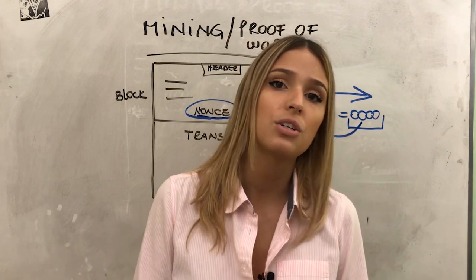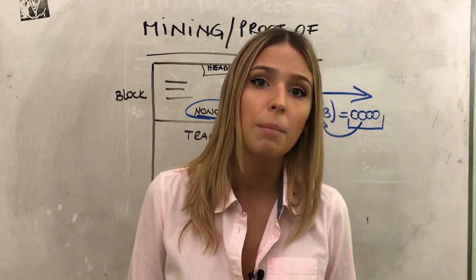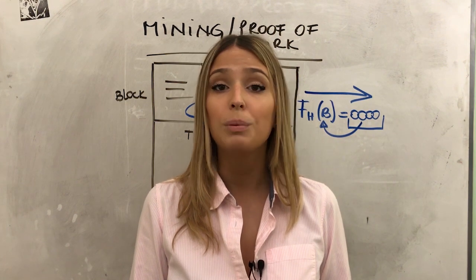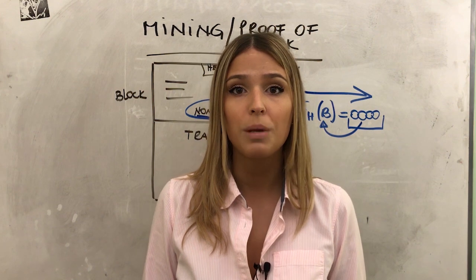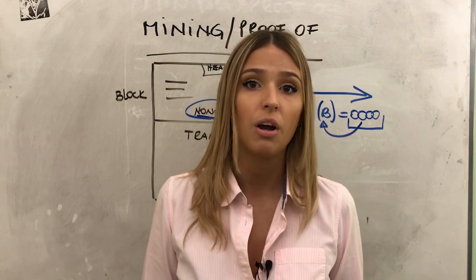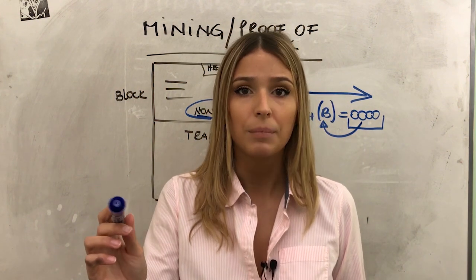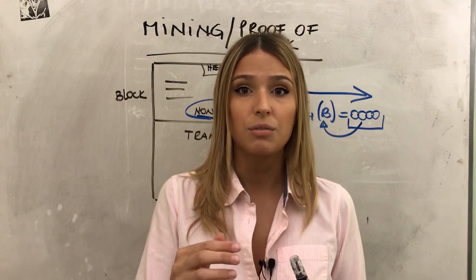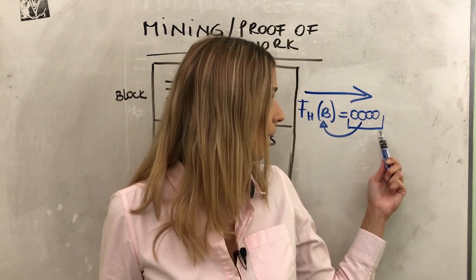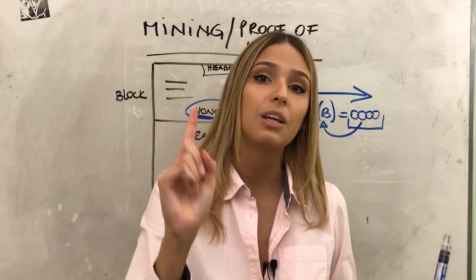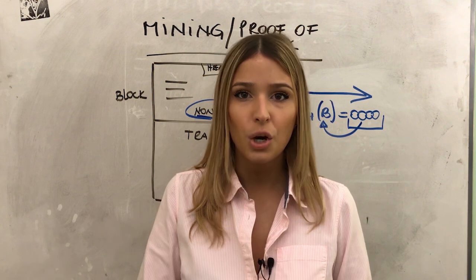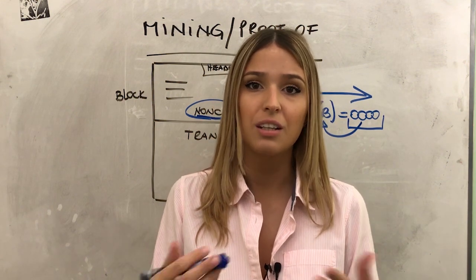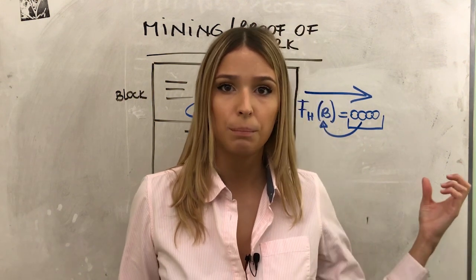So if more miners are coming to the ecosystem, that means that they are going to be able to guess the nonce faster, and they are going to be able to mine a block faster because it's based on probability. For that reason, the difficulty has to be increased, and every 2 weeks the nodes are constantly adjusting the difficulty of this process.